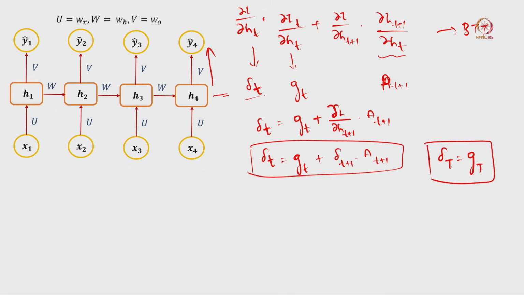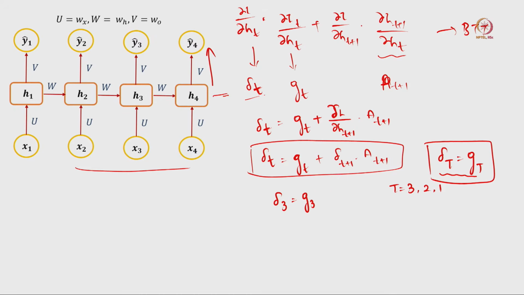So, at the final step, delta t will be G t. This we need to remember. Now, let us take a simple sequence. Let me explain with t equal to 3. This is important, please focus. So, delta 3 equal to G3, correct. When t equal to 3, delta 3 equal to G3, fine.